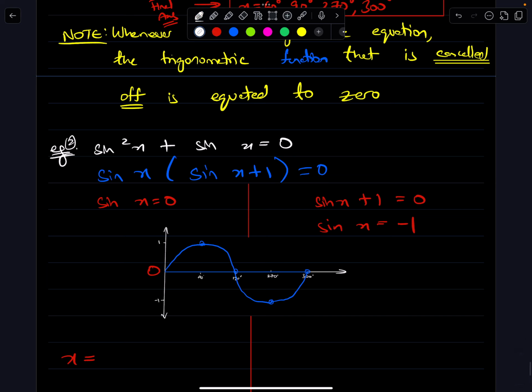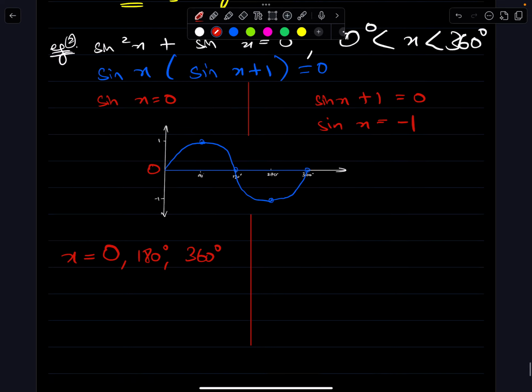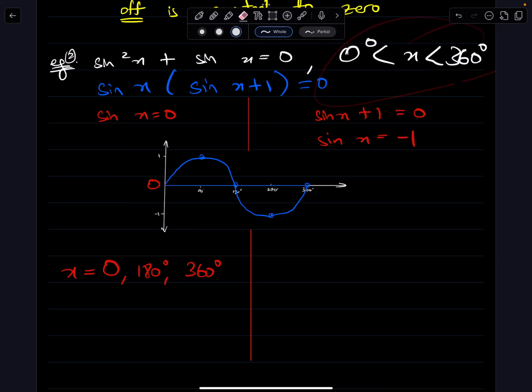What's the range? Let's just say the range in this case is x is between 0 and 360 degrees, not inclusive. Thus, sin x was 0 at 0, 180, and 360. But since the range is not inclusive of 0 and 360, reject.